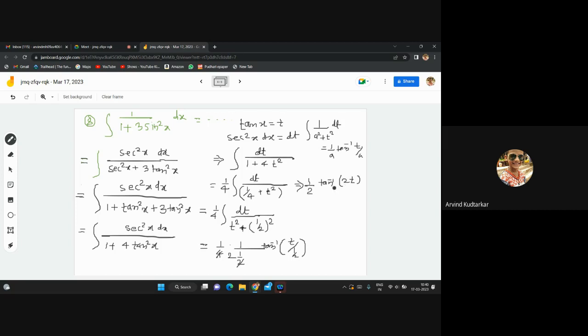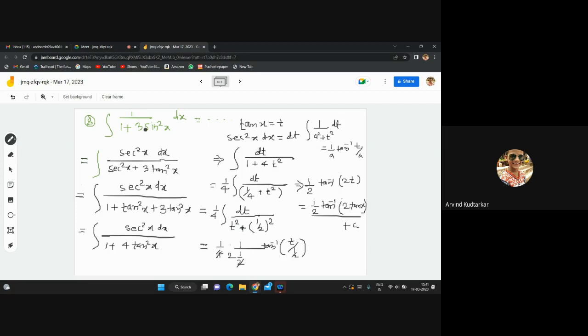And what is t? t is equal to tan x. So 1 by 2 times tan inverse of 2 into tan x. So which is the correct solution? 1 by 2 times tan inverse of 2 tan x plus c. This is the correct option for this integral.